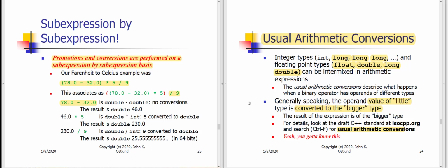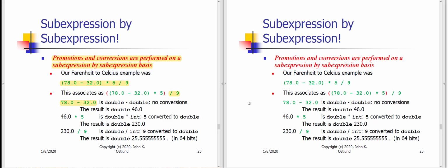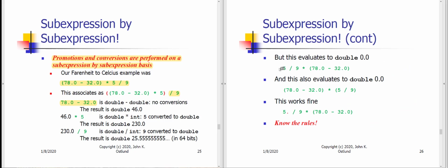Now, if you change around the order of this computation, for example, if you do the division before you do the multiplication by the difference, you're going to end up with the wrong result. All right, so here, because of the parentheses, this subtraction is done with a double minus a double, and so we have a double there. But then we have int divided by int times double.